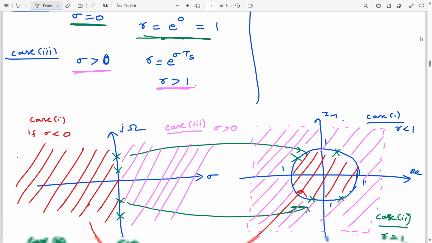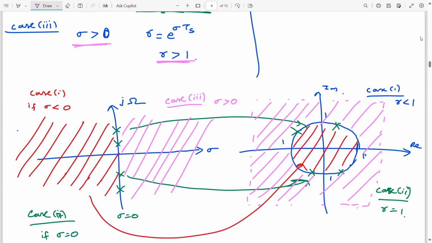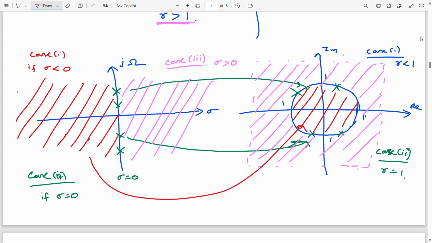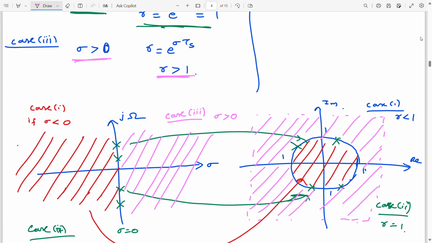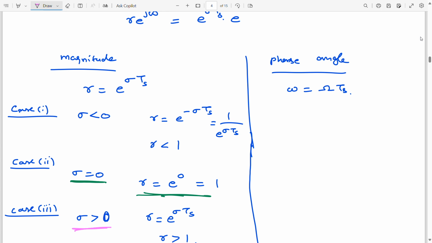So the multiple poles on the S plane are mapped onto the single location of the Z plane. This kind of mapping is called many to one mapping. In the next class, we shall briefly discuss the bilinear transformation method.